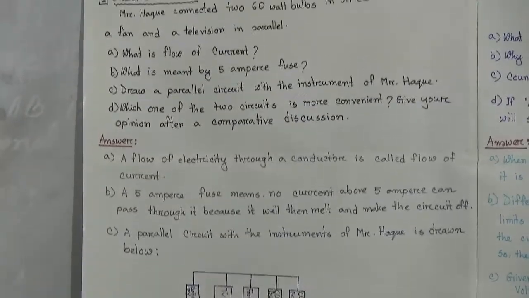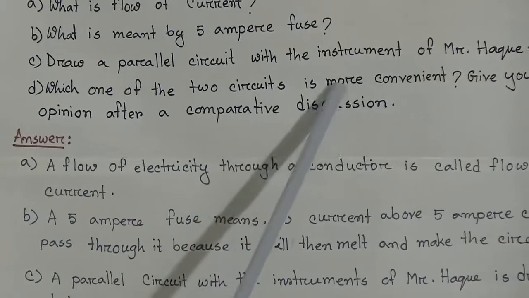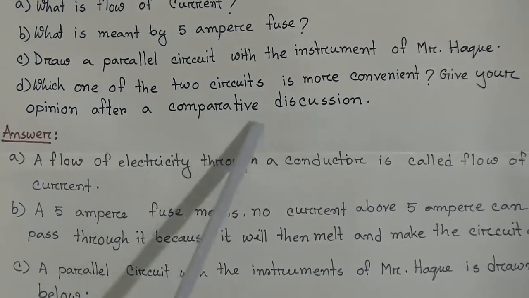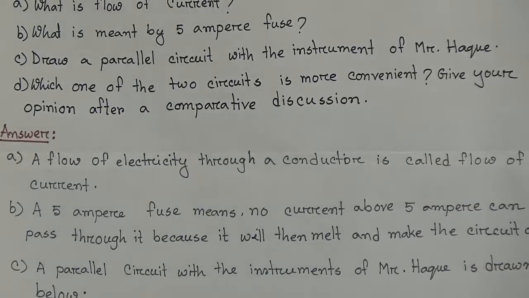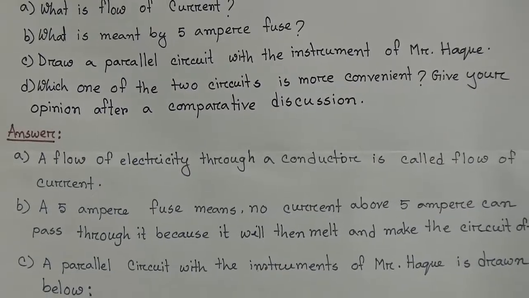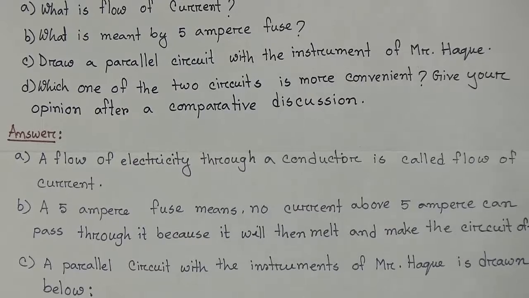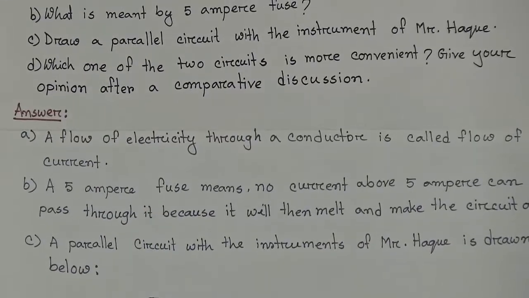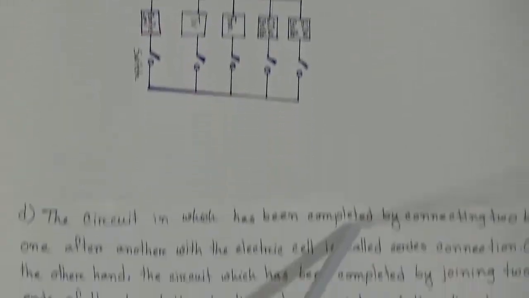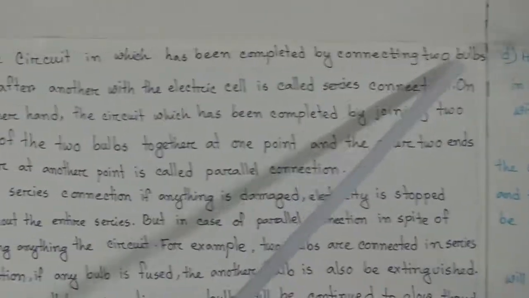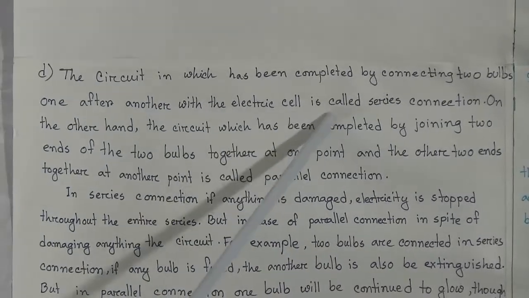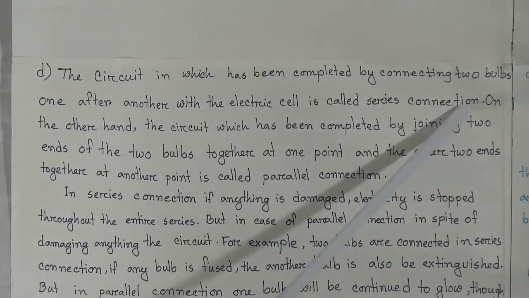Which one of the two circuits is more convenient? Give your opinion after a comparative discussion. I have told you there are two types of circuits. One is parallel circuit, another is series circuit. The circuit which has been completed by connecting two bulbs one after another with the electric cell is called series connection.